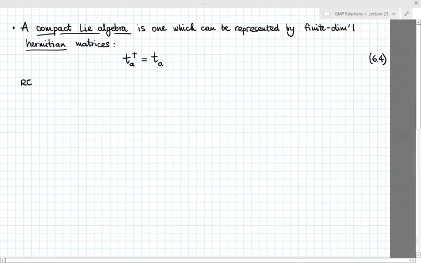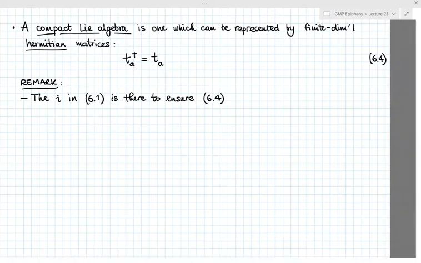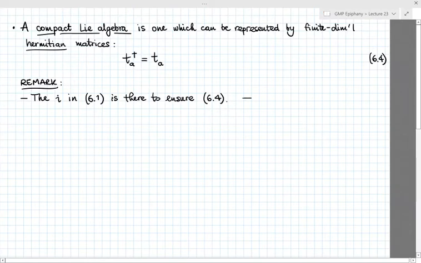Now let me make a remark. The factor of i in the Lie bracket 6.1, which is common in the physics literature, is there to ensure that the generators of compact Lie algebras are represented by Hermitian matrices at 6.4. This is common in physics.